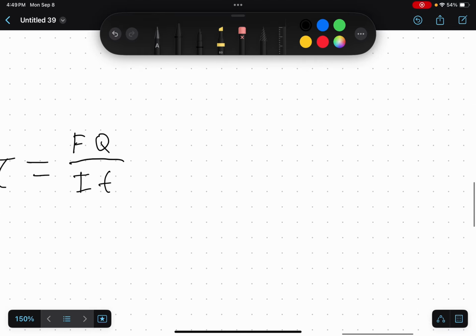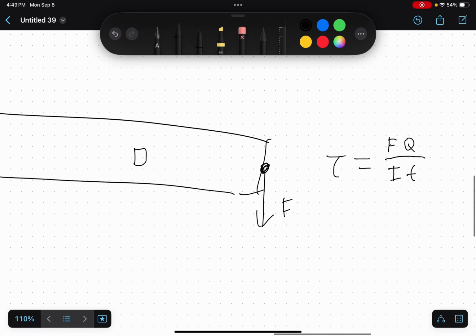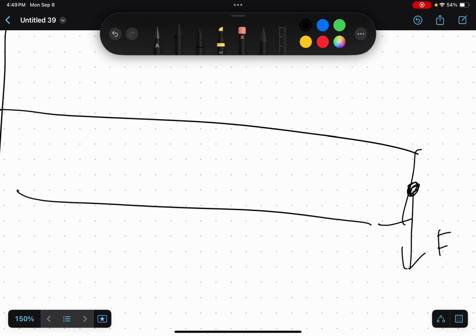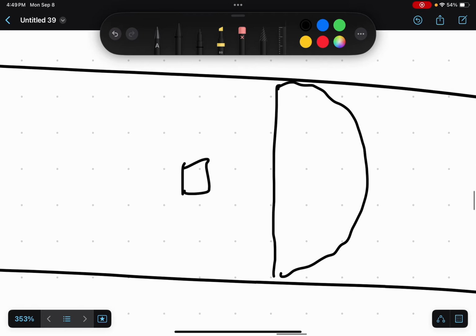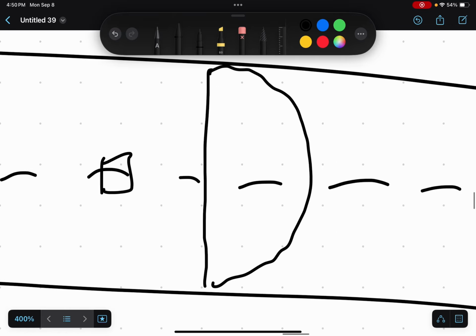So the idea of Q, well, okay, let me draw what the profile looks like first, and then we can talk about Q. So the profile of this stress looks like that. So if your stress element's right in the middle, right at the neutral axis, it has the most shear stress.